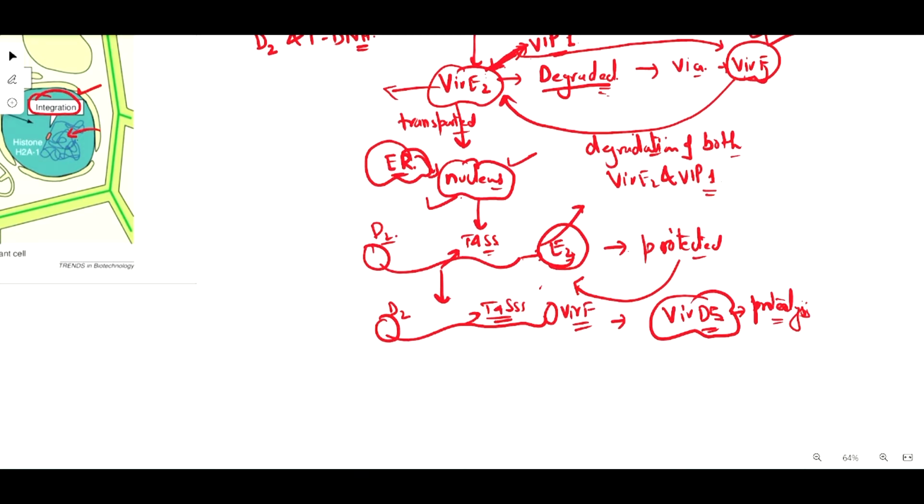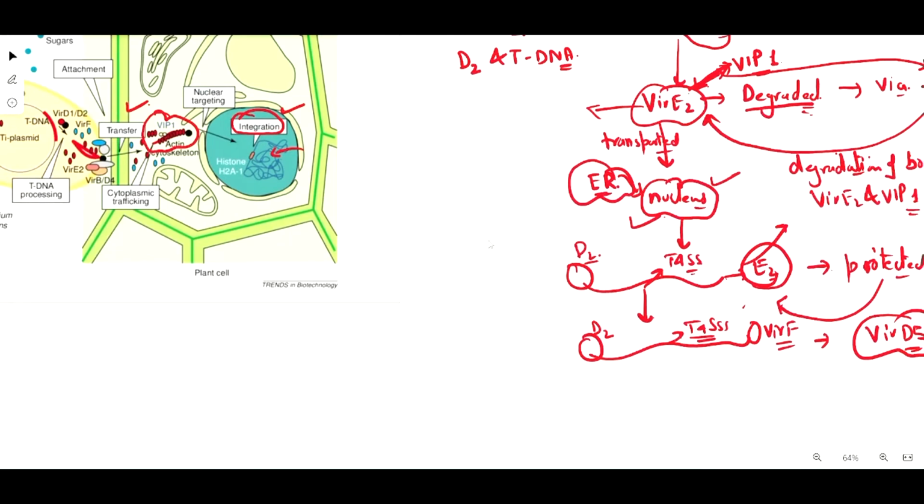Then the host DNA leads to the integration of the T-DNA into the genome by its own repair mechanism.